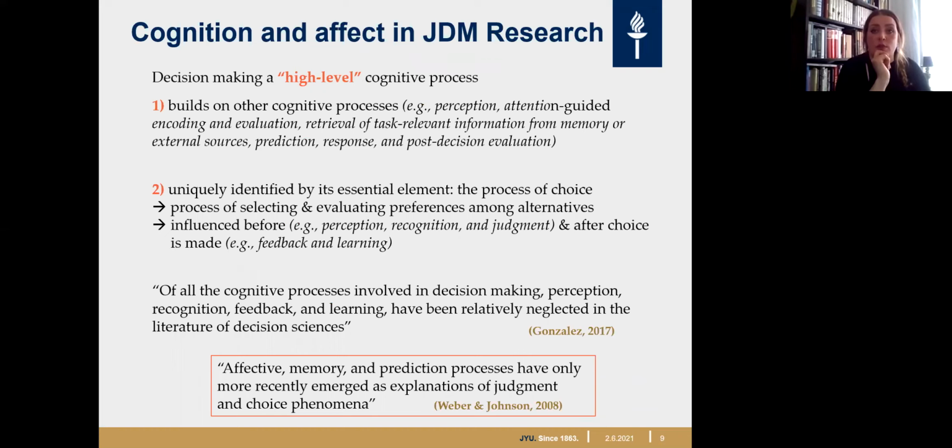So JDM is one way of combining these different lines of research. But decision making is considered a high-level cognitive process because it builds on other cognitive processes, and it involves various stages. It builds, for example, on perception, and it requires attention-guided encoding and evaluation, then retrieval from memory or external sources, prediction, response, and post-decision evaluation, just to give an overall idea of the whole process.